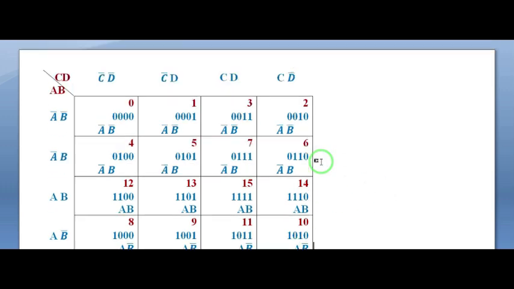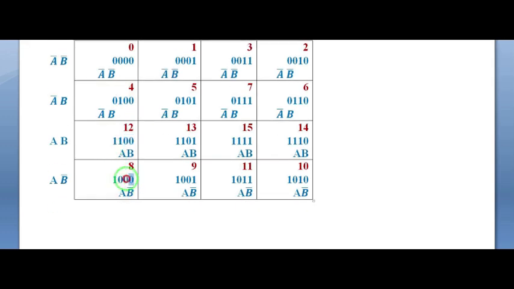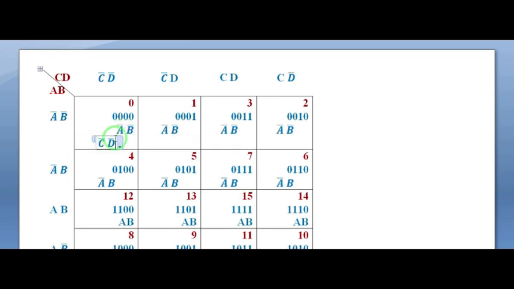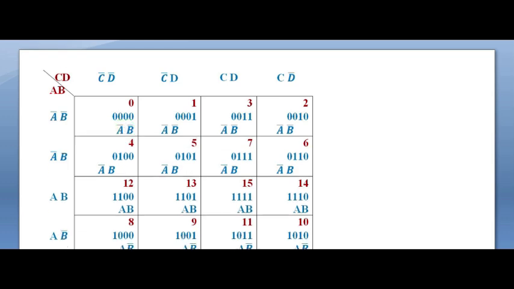Now we will move to columns. Here column number 1, double 0, double 0, double 0. So every cell of column number 1 is going to have 0 and 0. These two zeros represent the complements of variables C and D. Therefore, write in every cell of column number 1 C bar D bar.